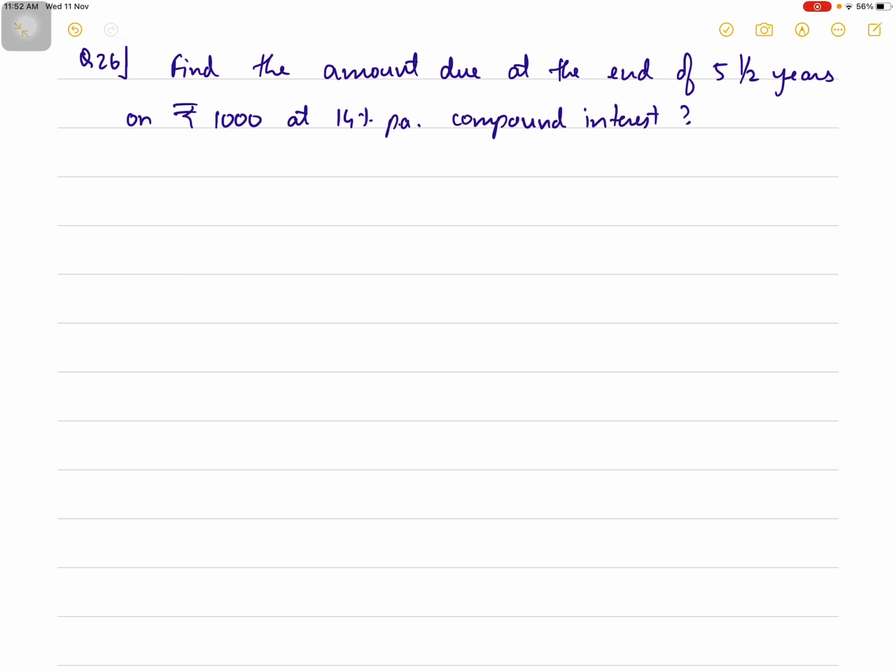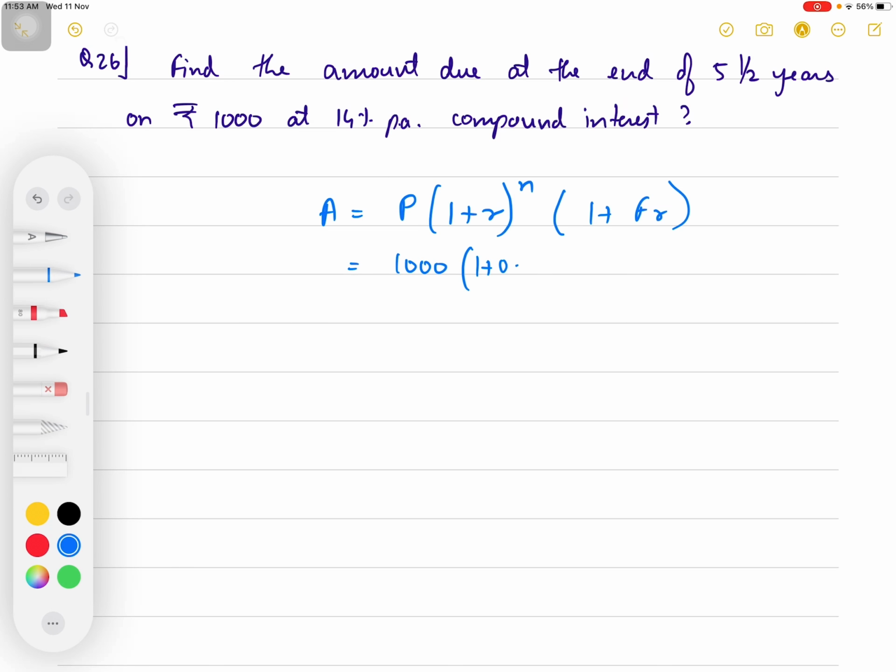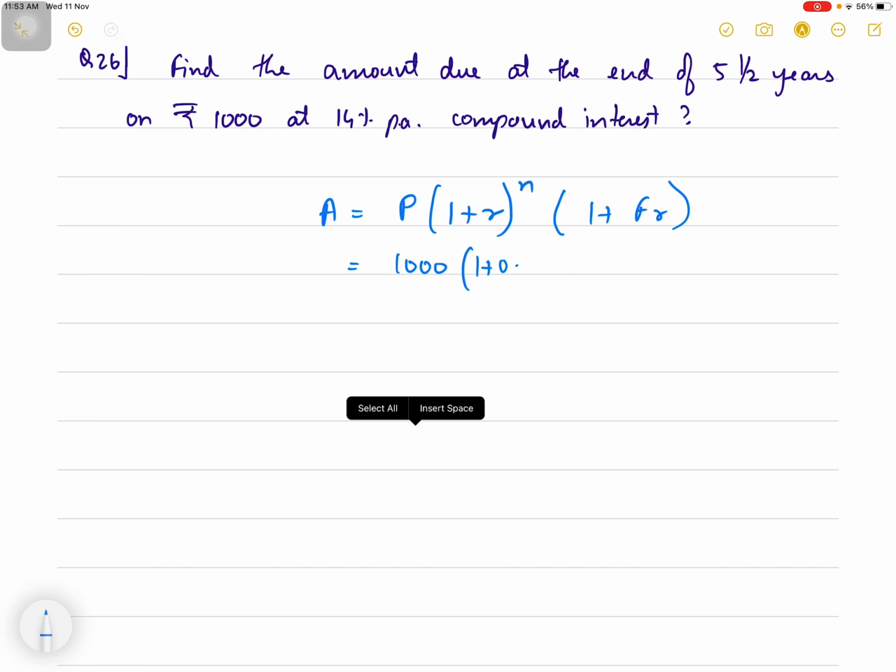So let's write the formula first. A is equal to P into (1 plus R) raised to N, (1 plus FR). P is 1000, 1 plus 0.14 raised to 5.